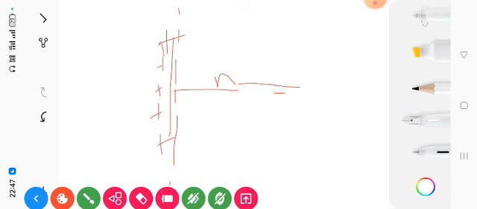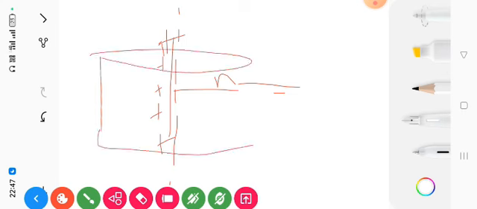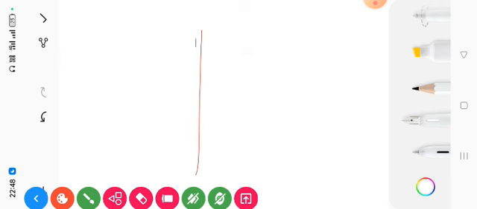For that I will take the help of Gauss's law. As I told you, we have to draw a Gaussian surface, and when I draw it, it will be like this. It should be closed, a closed cylinder I take, and it should pass through the point where I have to find the electric field. So the second condition of the Gaussian surface is that it should be closed.